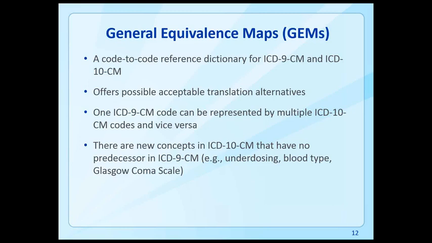And I wanted to start with one of the tools that we use to create this definition, something called a general equivalence map, or GEMs. And so this is a code-to-code reference that provides possible translation of codes from ICD-9 to ICD-10-CM and back from ICD-10-CM to ICD-9-CM.